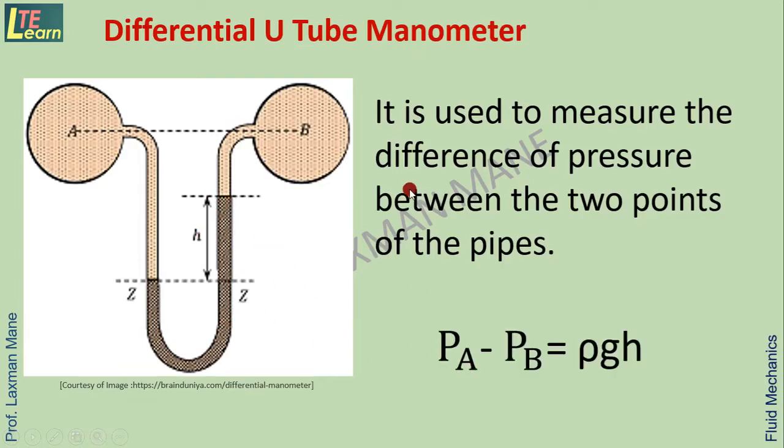So here the difference in pressure is given by this equation. PA, the intensity of pressure at location A, minus PB, the intensity of pressure at location B, is equal to rho, the density of manometric fluid, into 9.81 into the level difference, that is h.